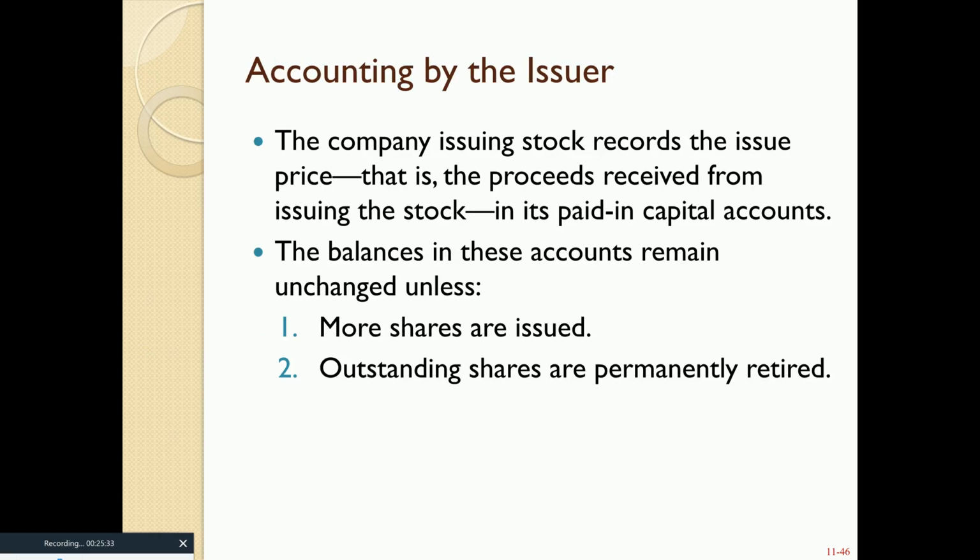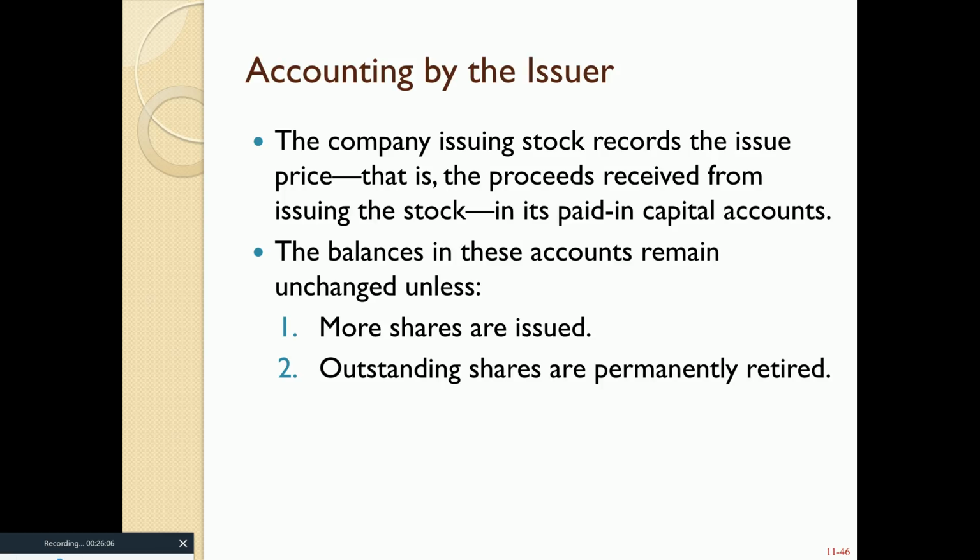Okay, so we're the company that's selling the stock. When we sell the stock, we're going to record the original journal entry, the original sale to our stockholders. As the shares get out into the market, if we're a publicly traded company, I buy from you, and you buy from somebody else, and that other person buys from somebody else, we can have literally millions of shares changing hands by the day.